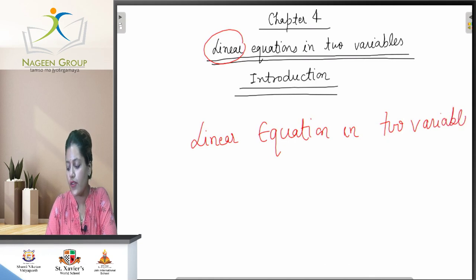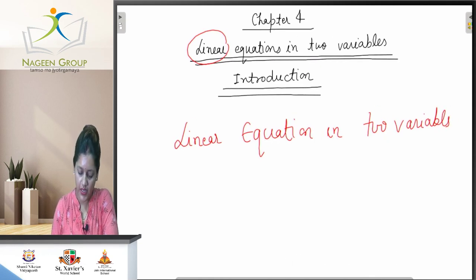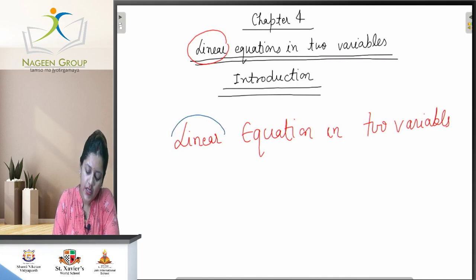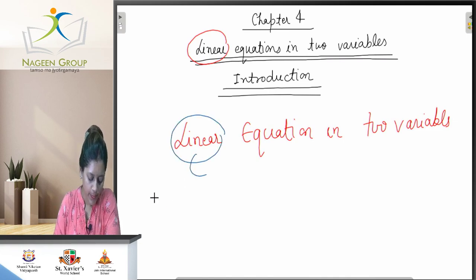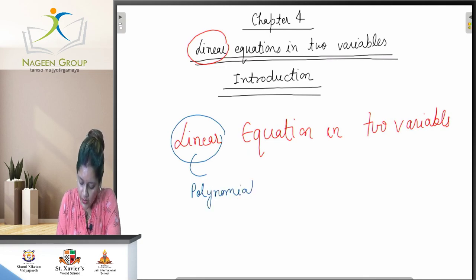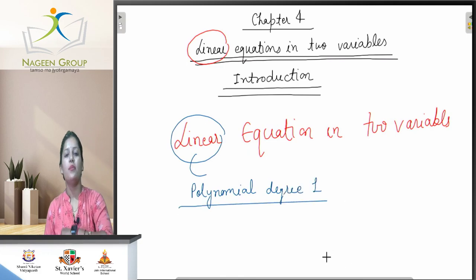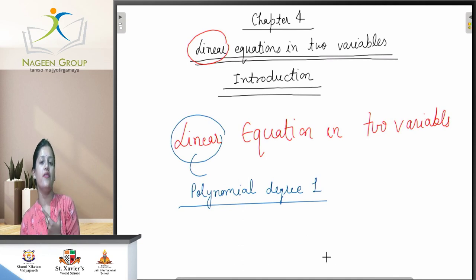These words all have a very different meaning. Linear means polynomial of degree 1. That is, an equation is linear when its degree is only 1.